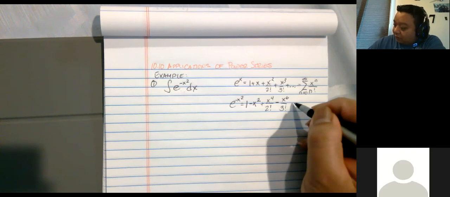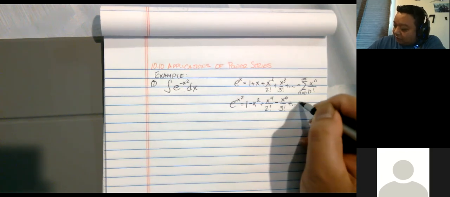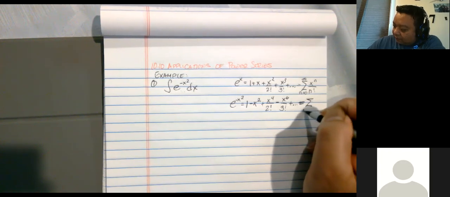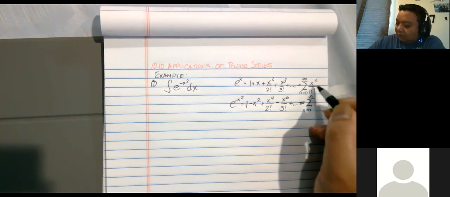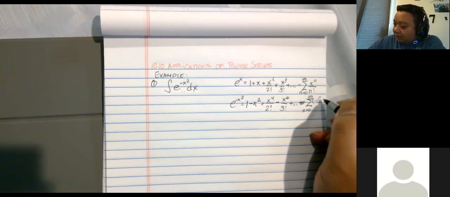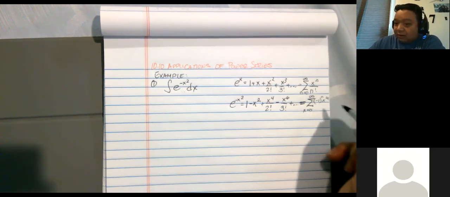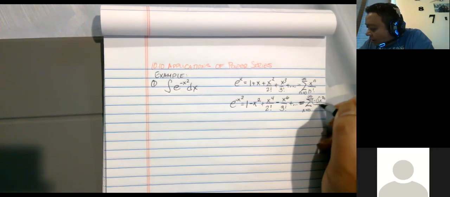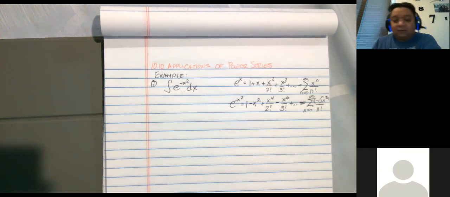And so when you do the summation notation, equals, replace this with negative x squared, you're going to have negative 1 to the n, x to the 2n, all over n factorial.